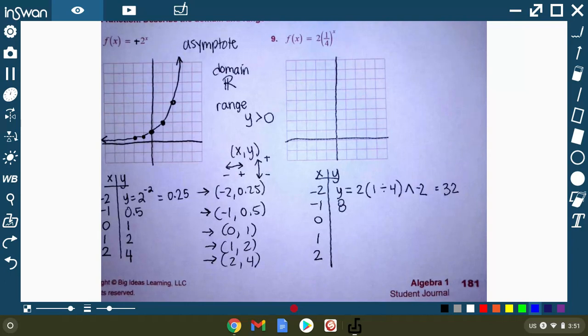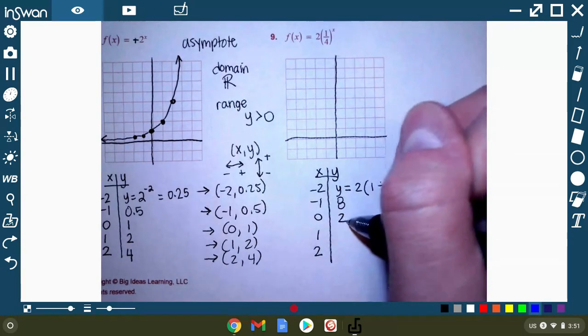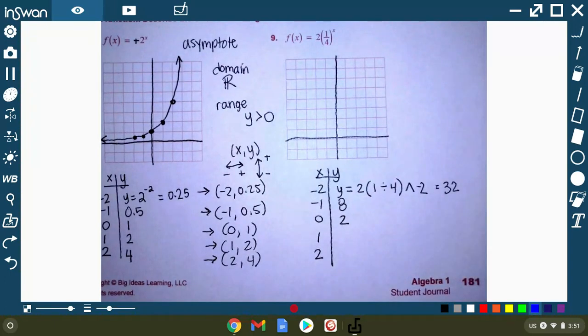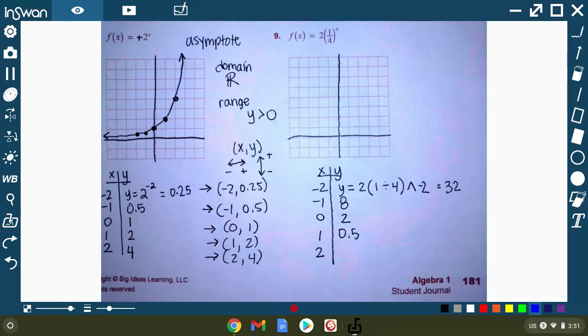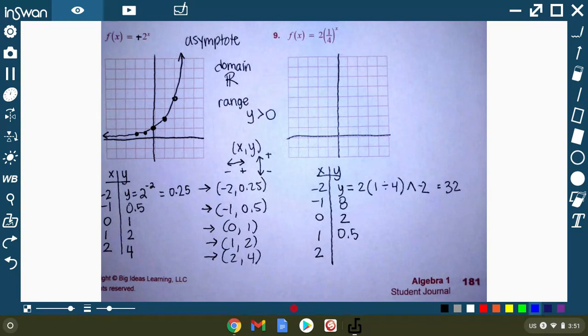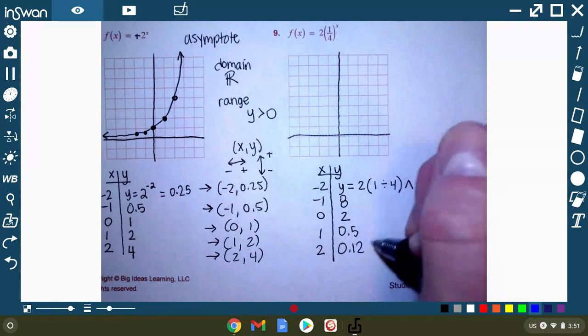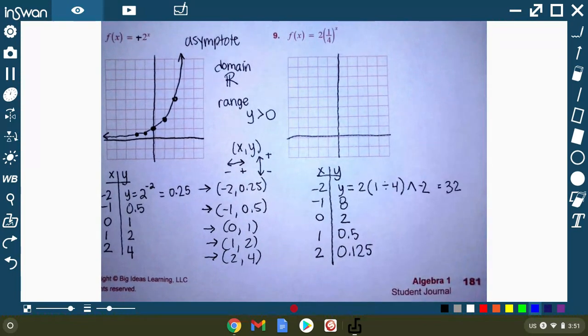So we're going to do 2 parenthesis 1 divided by 4, and then raise it to the 0 power. And that gives me 2. And then same deal, but we're going to use 1. So that's 0.5. And then we're going to use 2. So 0.125.